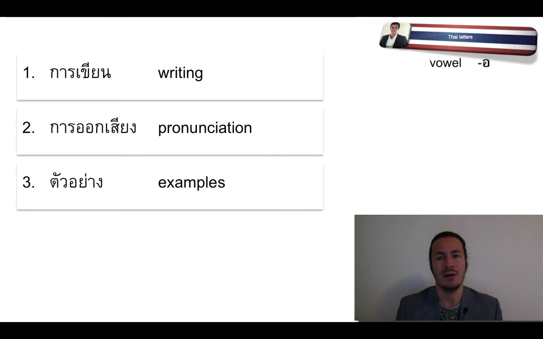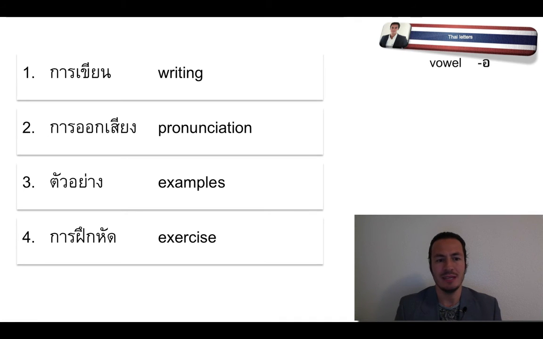And in the third part, as always, ตัวอย่าง, examples of different representations with different fonts. The fourth part will then be การฝึกหัด, so exercise for once in this lesson, just to practice a little bit, and then of course additional exercises on thailanguageprogram.com. So let's go right into it.